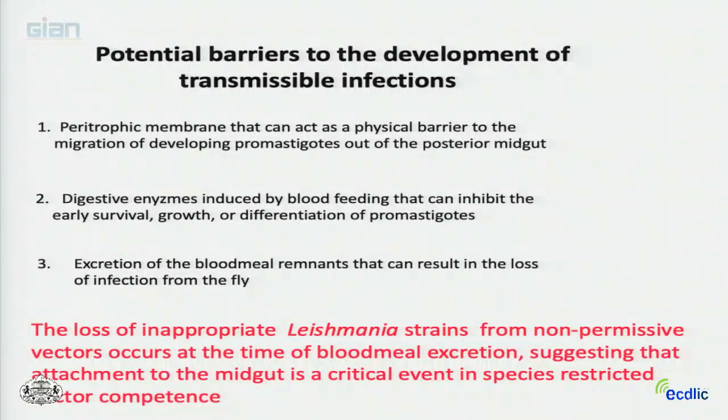As long as the blood meal is still there, the parasites seem to be persisting and growing. But at the time the blood meal remnants are excreted, that's when these inappropriate strains are lost, suggesting that attachment to the midgut is a critical event in species-restricted vector competence.